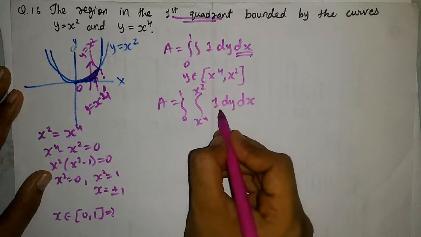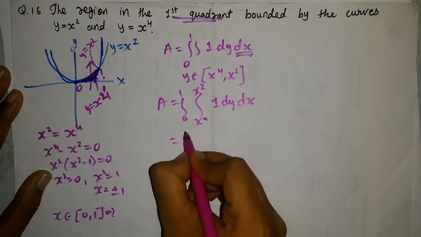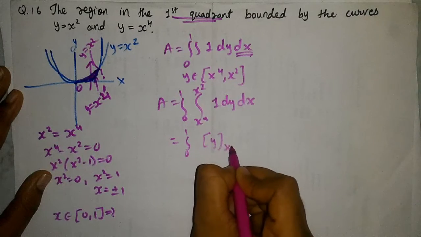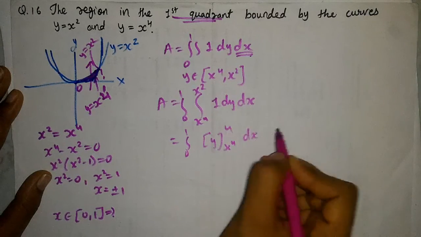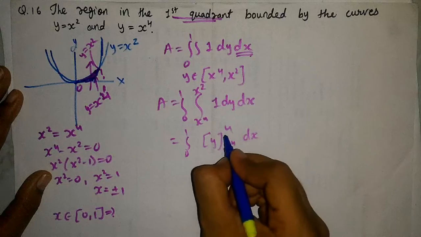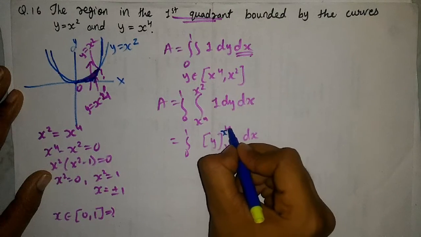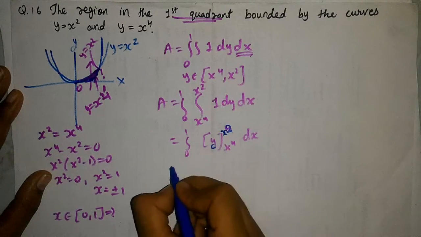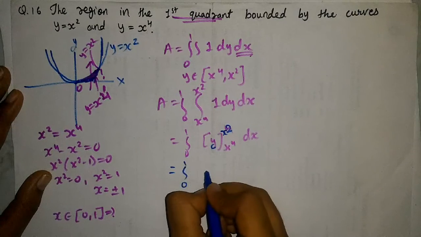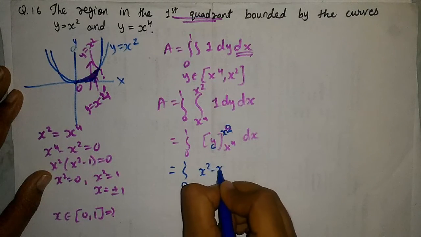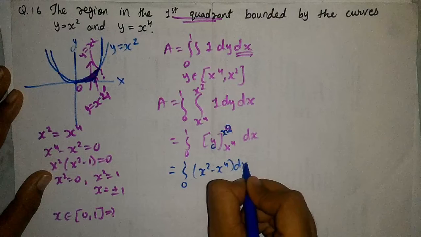Now integration of 1 with respect to dy is y. Its limits are from x raised to 4 to x square. Now put the limit: integration from 0 to 1, x square minus x raised to 4 into dx.